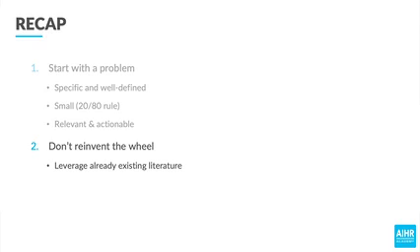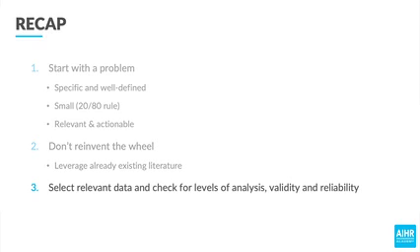And once you start to select data, make sure you select the right data. Think of different levels of analysis. Think of how you're really going to measure the things that you want to measure, and keep validity and reliability in the back of your mind. And if everything checks out, you can actually do an analysis that has relevant business outcomes. But remember, only research things that will yield actionable results.